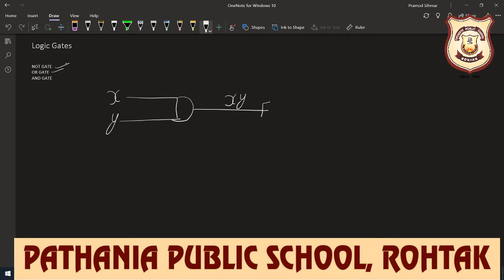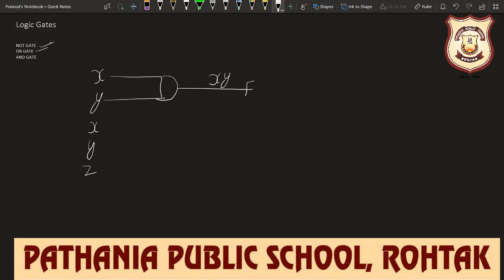If three inputs are there, for example X, Y, and Z, then you draw one line for X, a second line for Y, and a third line for Z, and after that you draw the gate like this, and the output is XYZ.